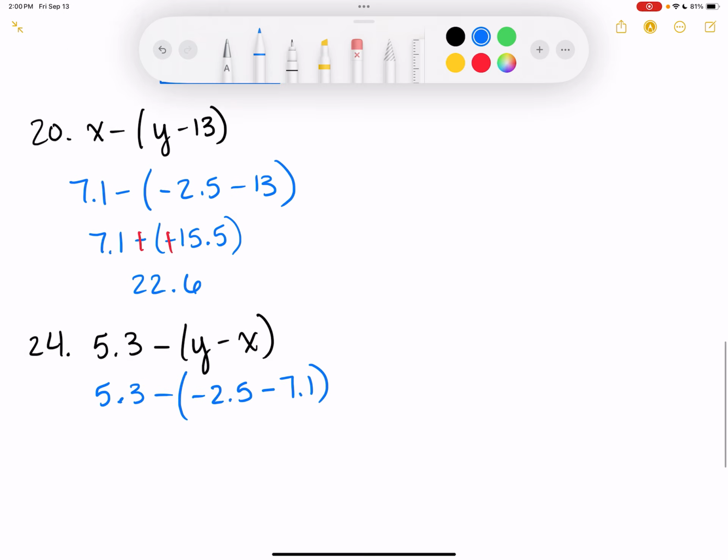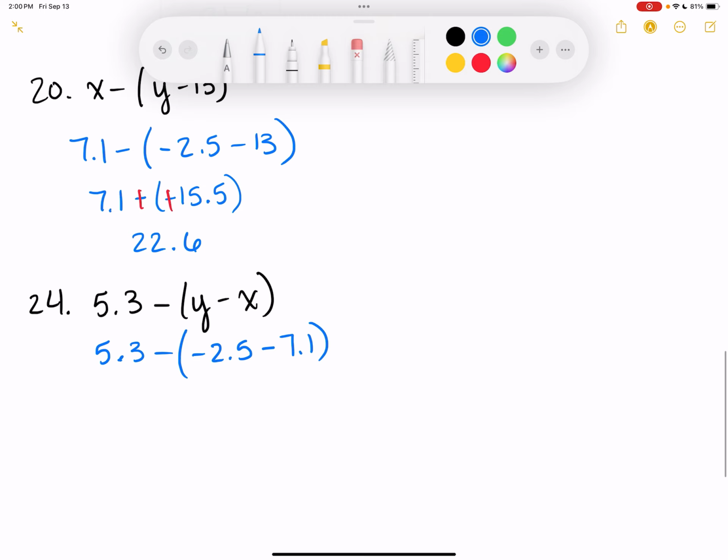What do I do first? Parentheses, which gives me negative 9.6. So 5.3 minus, in parentheses, negative 9.6. Negative and negative is positive. So then add those together and I get 14.9.